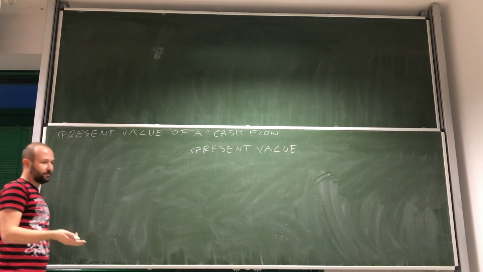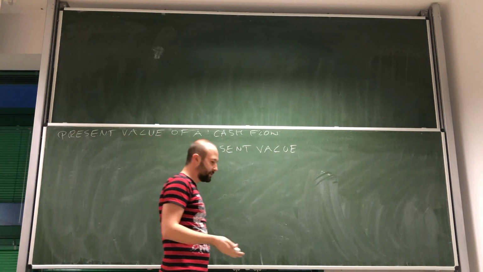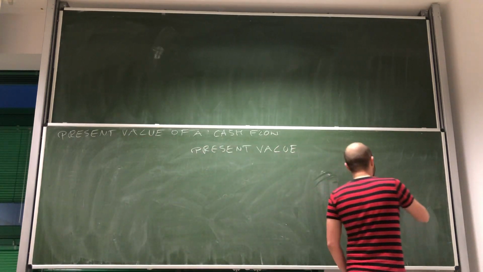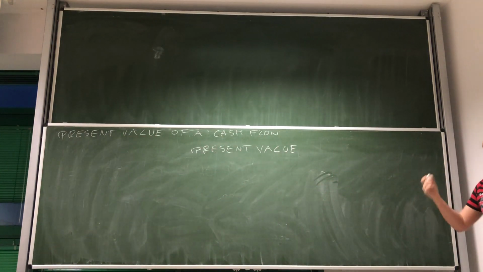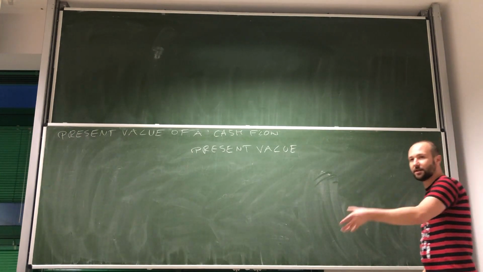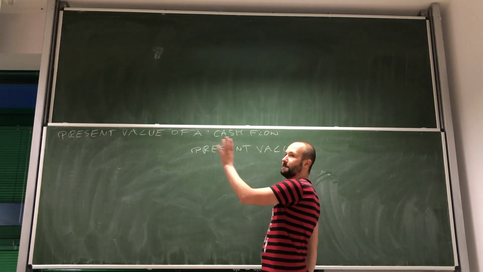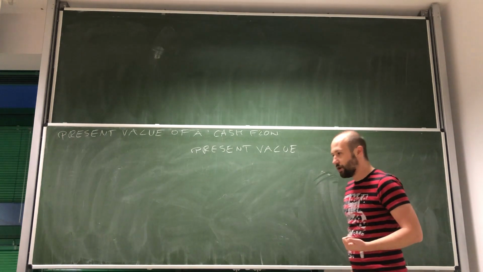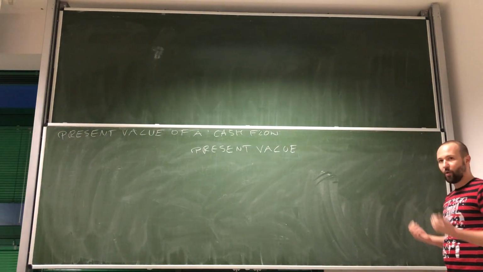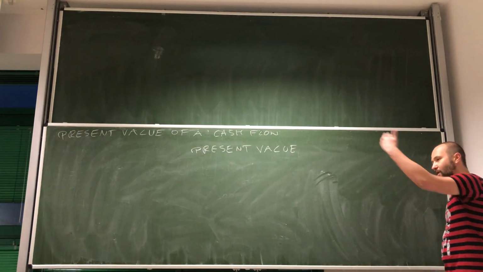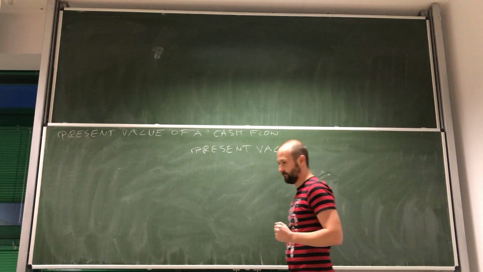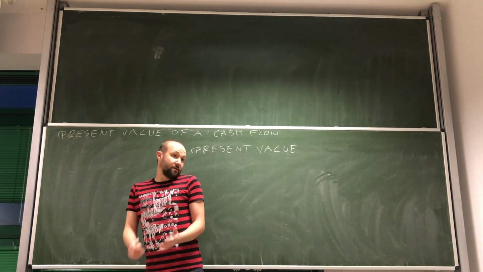Look, present value is something that we use in a situation when we are supposed to receive some amount of money in the future. And we know that we prefer to have $1,000 today than $1,000 a year from now. Why?